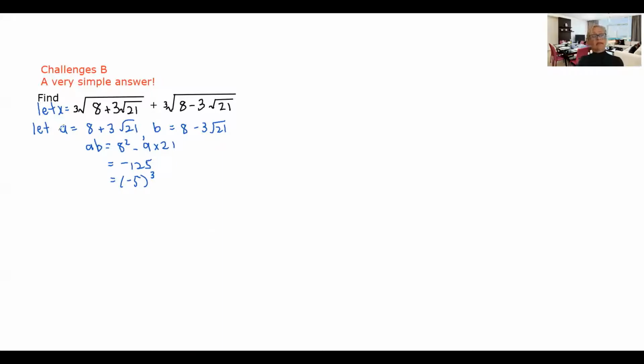Okay, so we said let x be this. So x is really the cubed root of a plus the cubed root of b. Well, why don't we cube x? Now, be careful here. If you cube x, you are not just going to get a plus b. Just bearing in mind, let's do it with different letters.